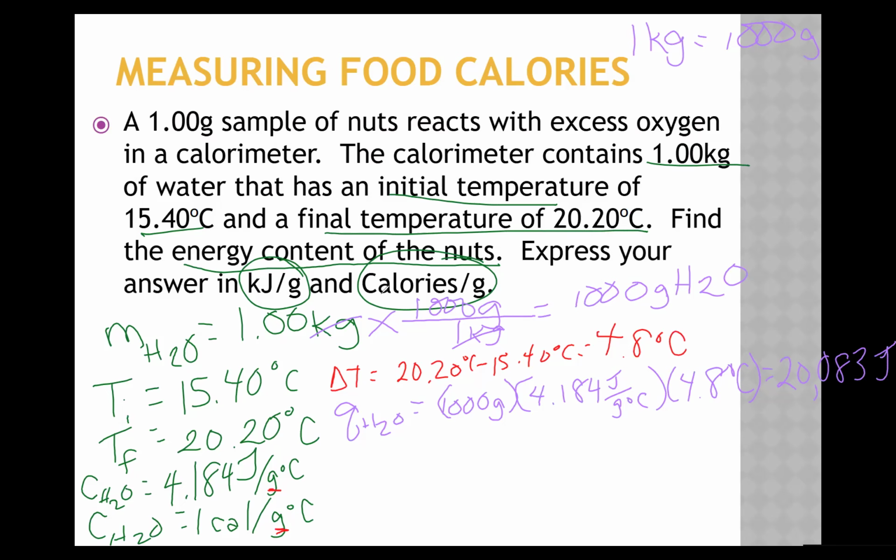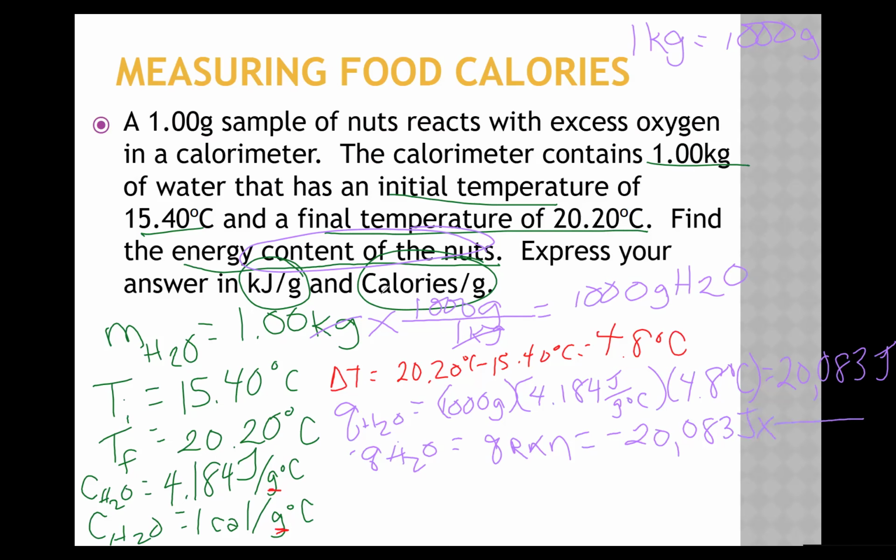But it says express your answer in kilojoules per gram and calories per gram. We want the energy content of the nut. This is the energy content of the water. Remember, negative Q of H2O equals the heat of the reaction. So the Q of the reaction is going to be negative 20,083 joules. We have to change it into kilojoules. There's 1 kilojoule for every 1,000 joules.